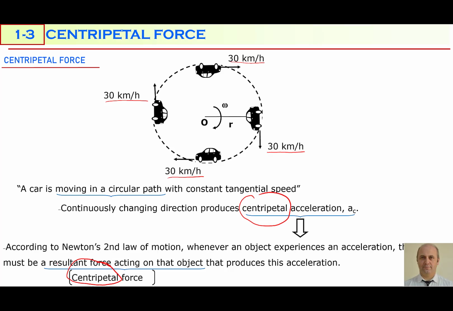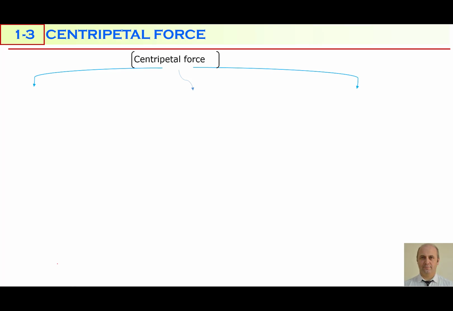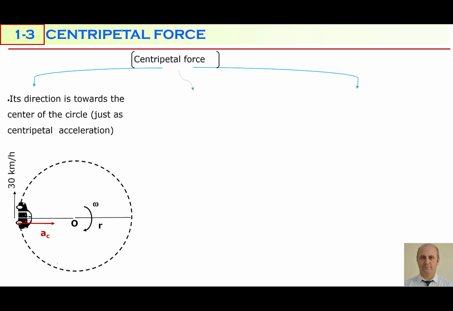Now I will explain the centripetal force in a little more detail. First, its direction, as I said, is towards the center of the circle, just like the centripetal acceleration, because according to Newton's second law of motion, mass multiplied by acceleration is the force. Acceleration is a vector quantity, force is a vector quantity, and mass is a scalar quantity. If you multiply a scalar by a vector, the result is a vector. That's why force and acceleration will be in the same direction.